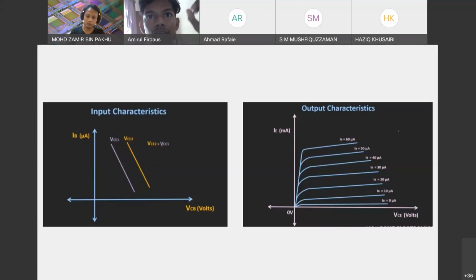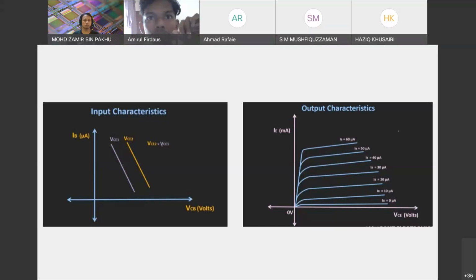Due to the increased depletion region, the effective base width will reduce. As the effective base width reduces, the probability of recombination in this base region will reduce, and due to that, the base current is also reduced. That means when VCB increases, IB reduces.